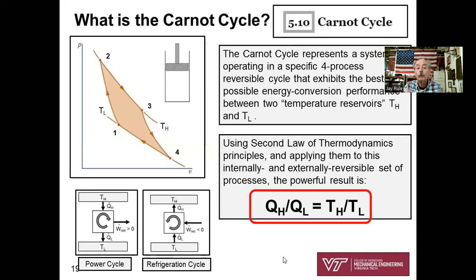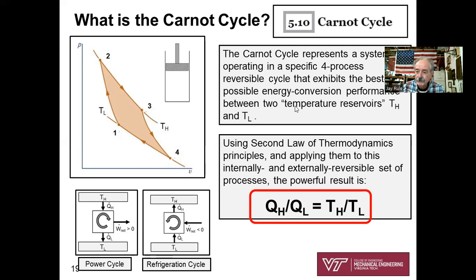And now we're going to talk about what the Carnot cycle is. A Carnot cycle represents a system operating in 4 specific reversible processes. This cycle that he proposed exhibits the best possible achievable thermal efficiency, energy sought over the energy that costs.